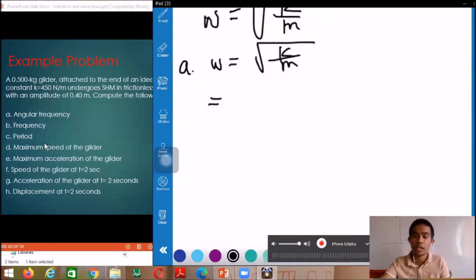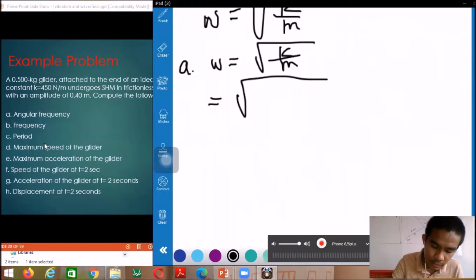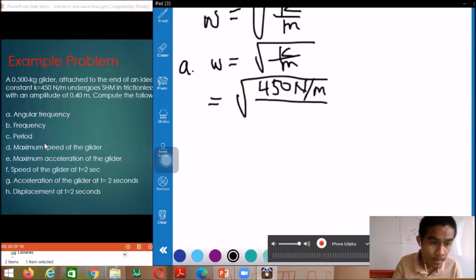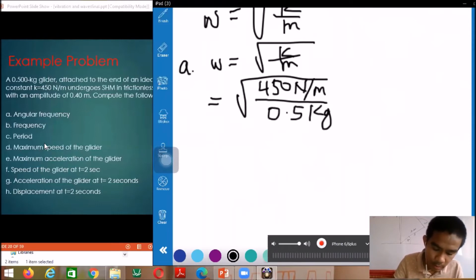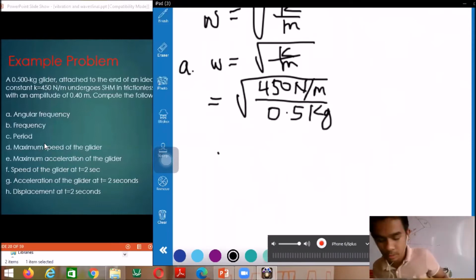Again, make sure your calculator is in radian mode. The square root of the spring constant, 450 Newton per meter, over the mass attached to the spring, which is 0.5 kilogram. Then 450 divided by 0.5, square root.